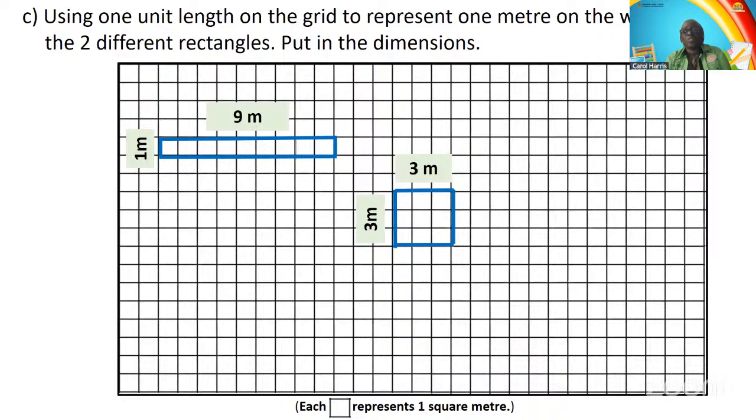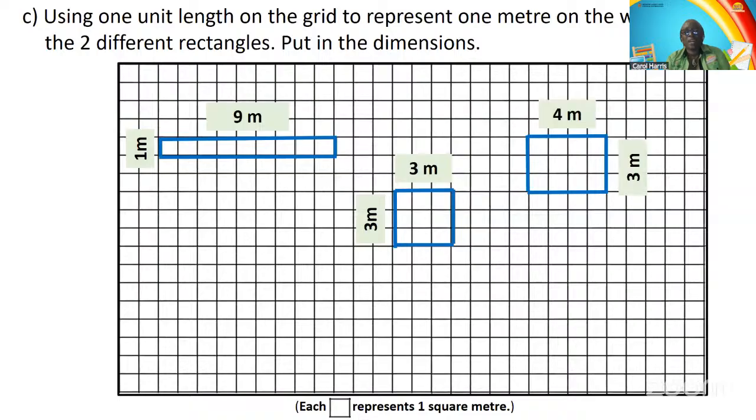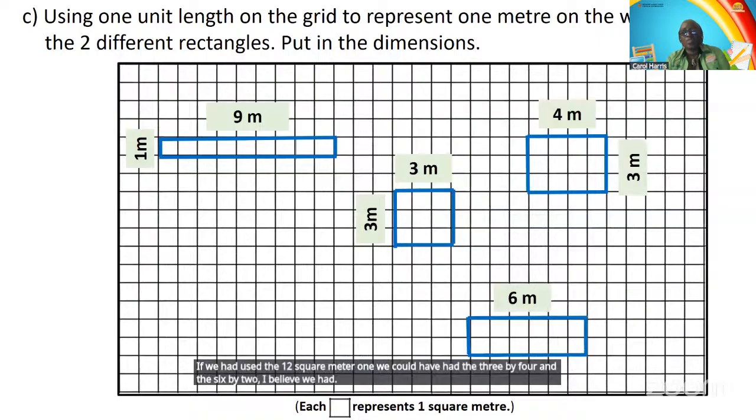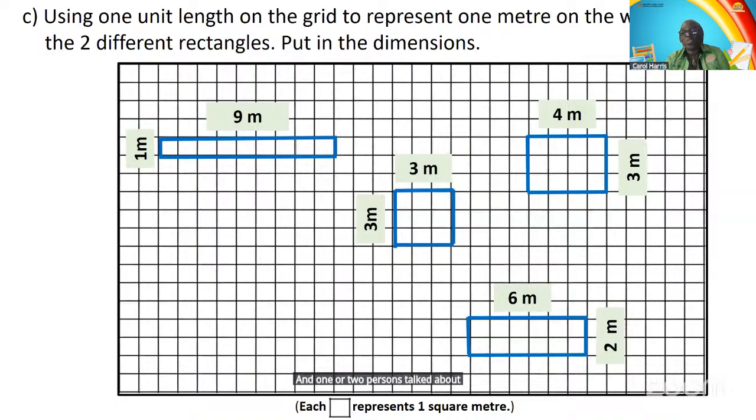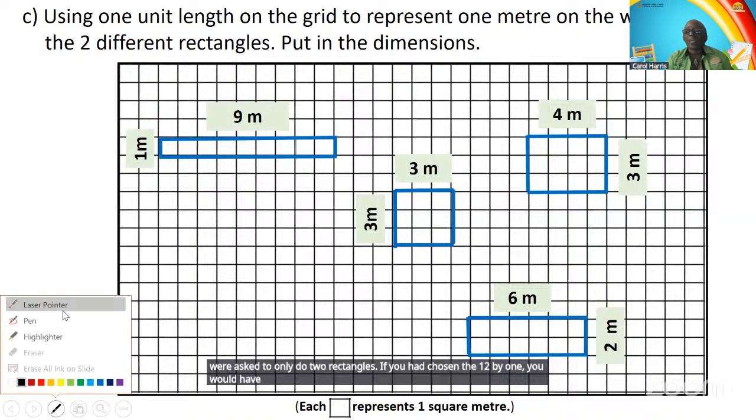If we had used the 12 square meter one, we could have had the 3 by 4 and the 6 by 2, I believe we had. And 1 or 2 persons talked about 12 by 1, which would also have worked, but we were asked to only do 2 rectangles. So if you had chosen the 12 by 1, you would have drawn your 12 by 1 as well.